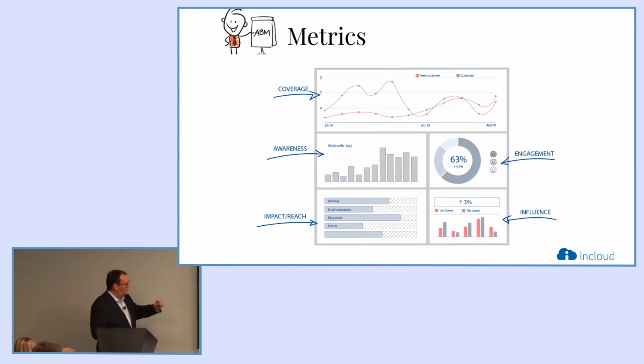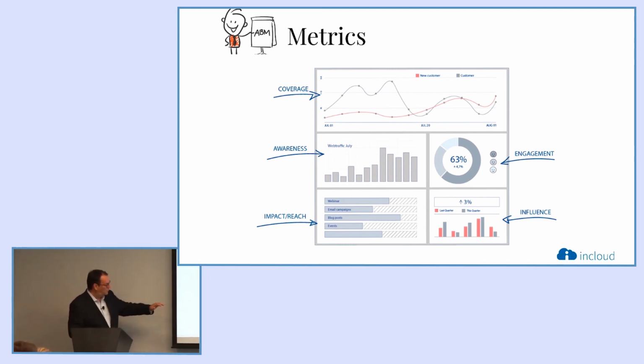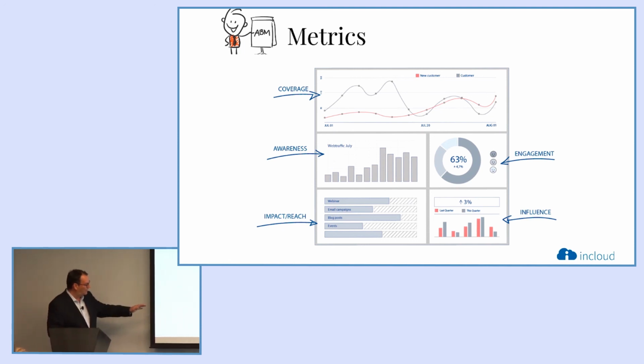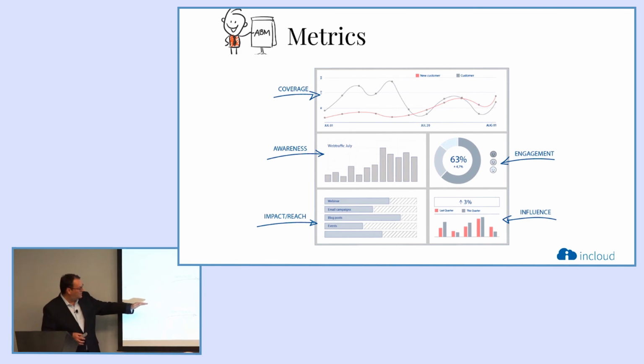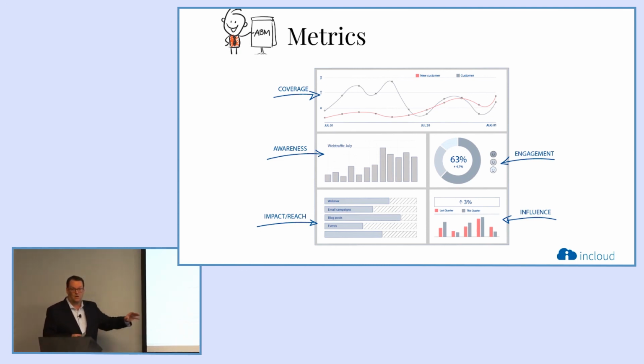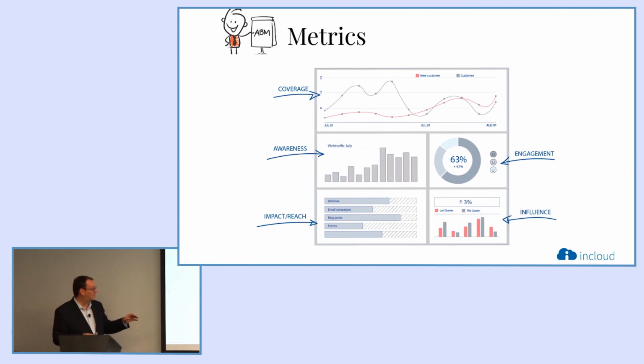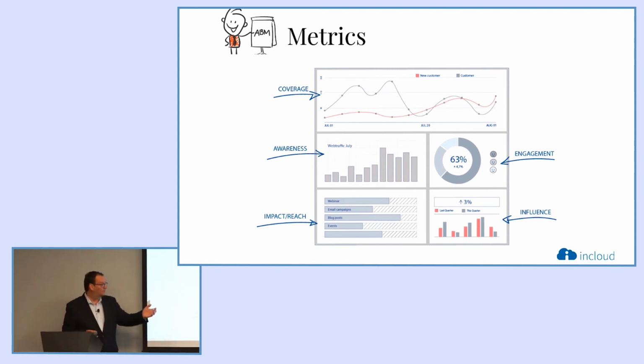So this graph kind of gives you an idea of what your dashboard would look like in Einstein Analytics. And we're looking at the different types of webinars, the email campaigns, the blog post. How much reach and impact are we getting with that? The amount of awareness, is our traffic increasing or decreasing based on the campaigns that we're trying to address and the accounts that we're going after? And what's the engagement level of those accounts? And how much influence?